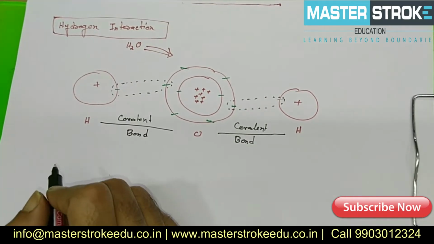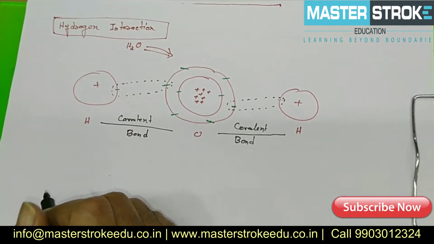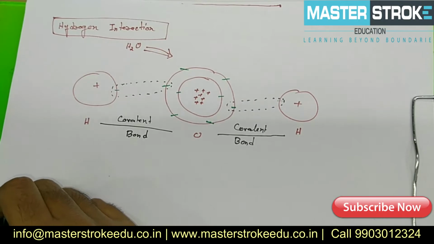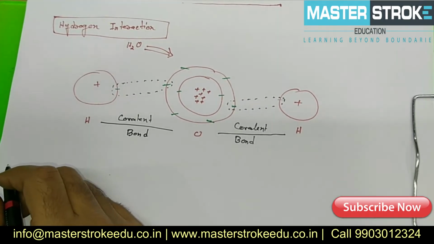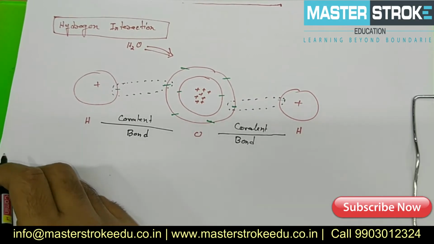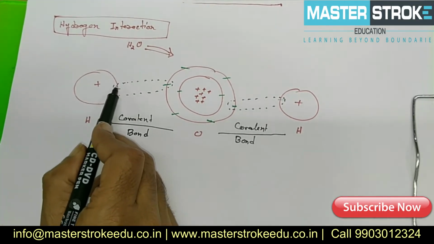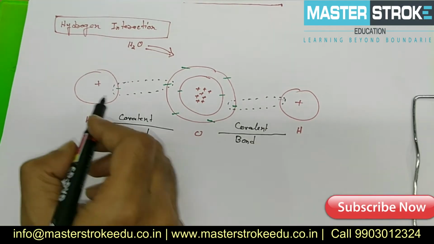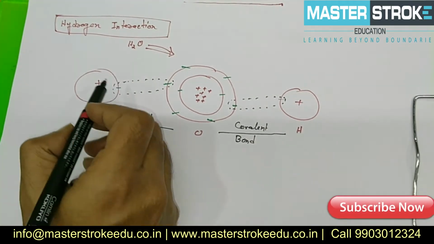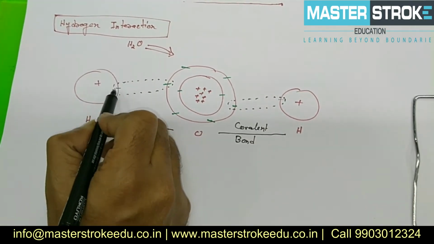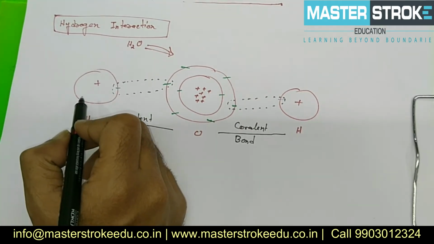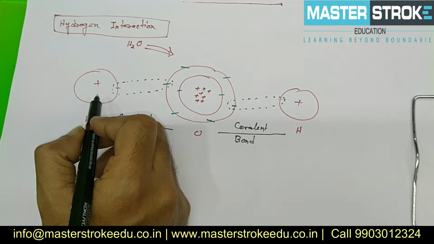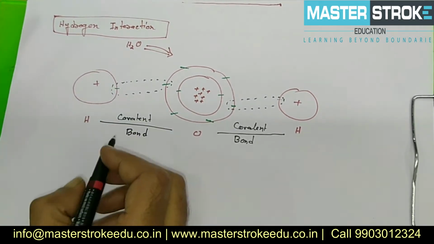Now what happened? We know that oxygen is more electronegative than hydrogen. So in each case, when the hydrogen's electron rotates around its orbit, sometimes the oxygen actually grabs the electron.